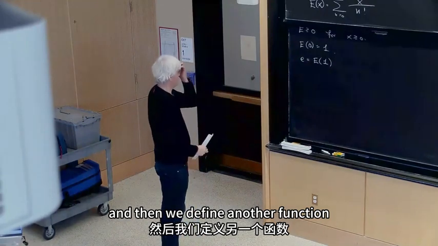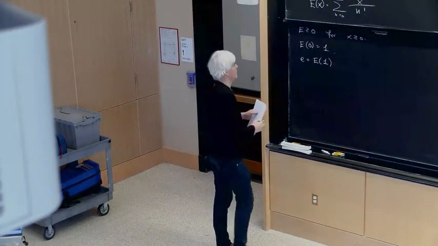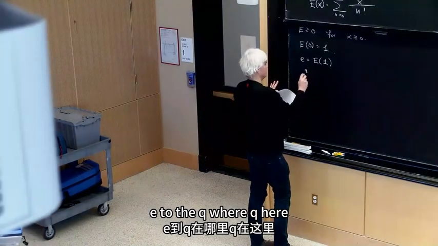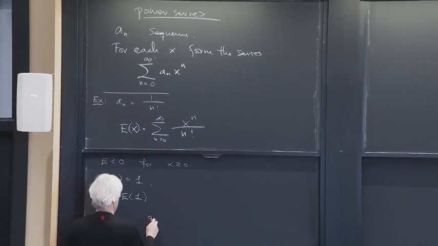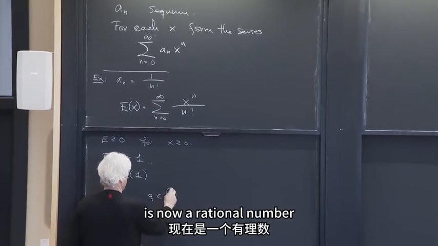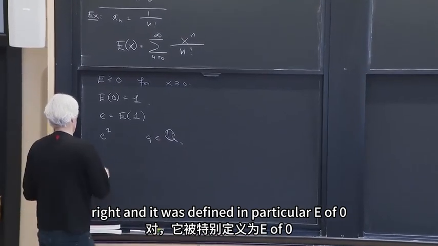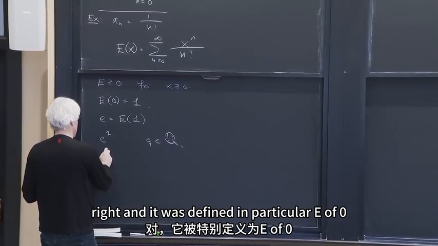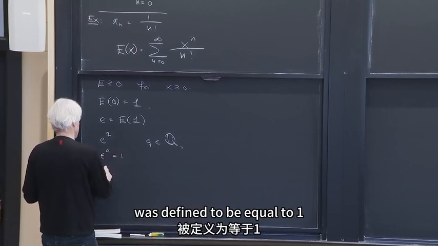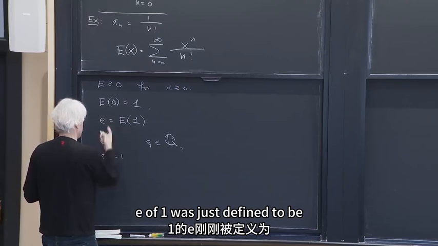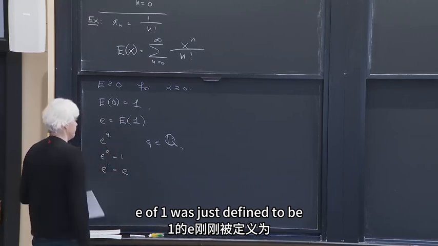And then we defined another function, e to the q, where q here is now a rational number. In particular, e to the 0 was defined to be equal to 1. e to the 1 was just defined to be e.